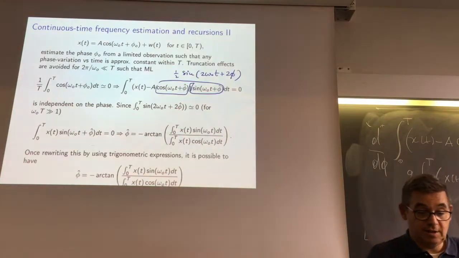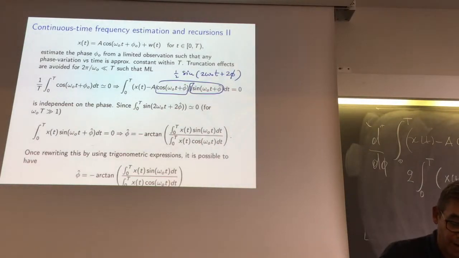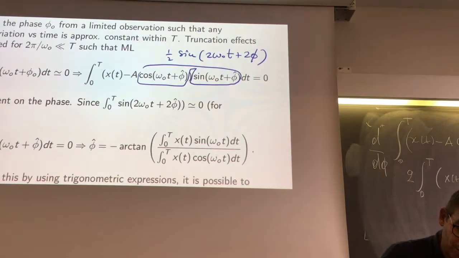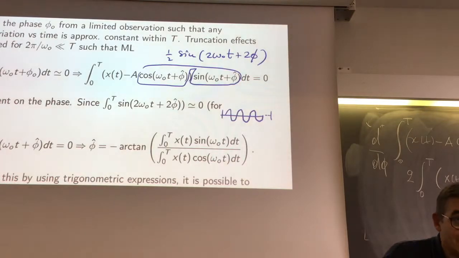The reason for that is the following. If I look at what the integral means, I have double frequency because I have 2 times omega 0. The interval T is very big, and I sum a set of positive and negative values and integrate that.